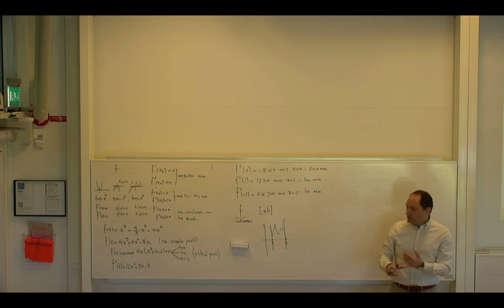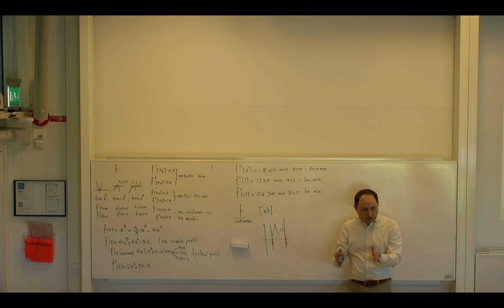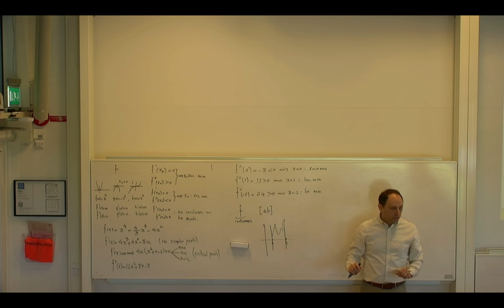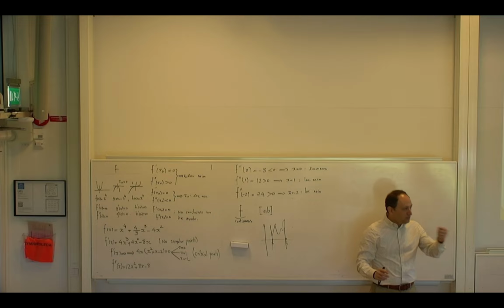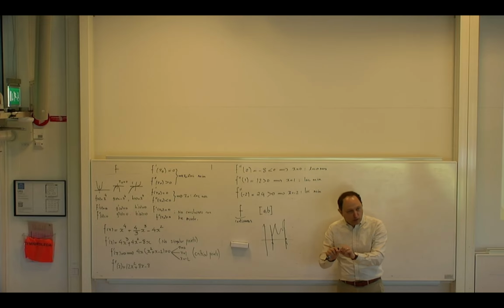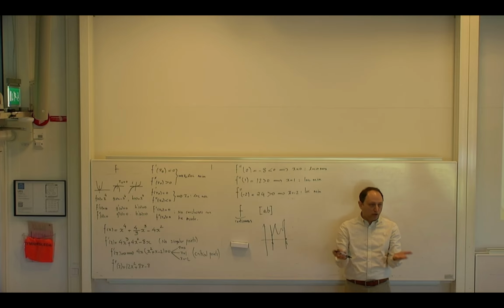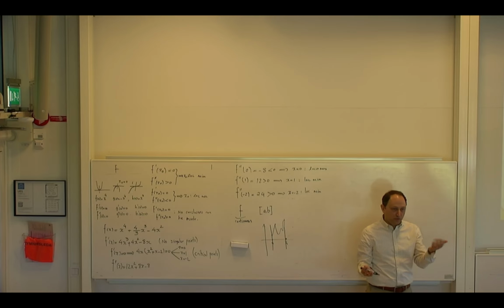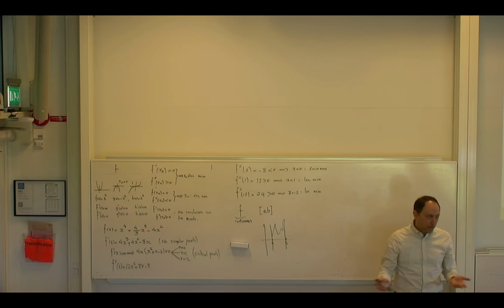You look for internal singular points, critical points, but you should also consider the edge points. Okay? But how can I find the maximum and minimum? For all those points, you calculate the value of the function at those points and compare the numbers. The biggest one is the maximum, the lowest one is the minimum.